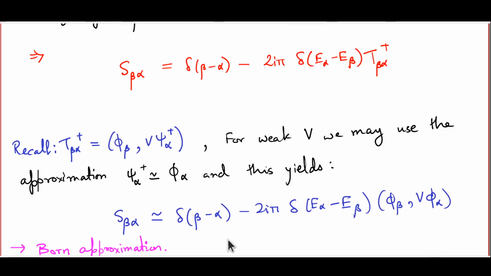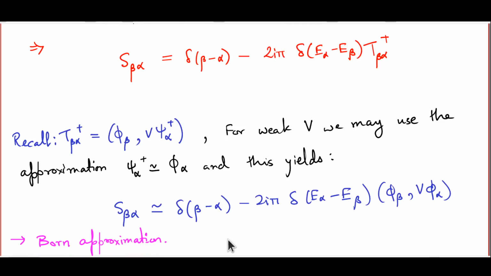Apart from the delta(beta minus alpha), you get minus twice i pi delta(E alpha minus E beta) times the inner product of phi beta with V phi alpha, or as is often called, the beta alpha matrix element in the free particle basis of the potential V.